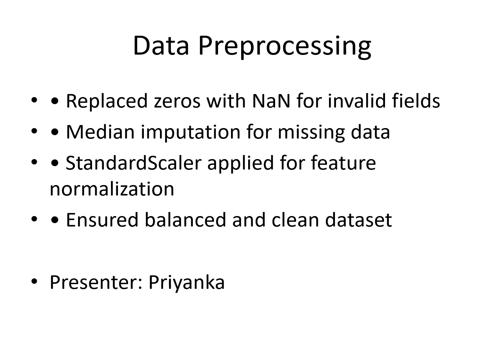In this slide, we will talk about data preprocessing. Preprocessing steps. We replaced zeros in glucose, blood pressure, skin thickness, insulin, and BMI with not a number, and then imputed missing values using median imputation.